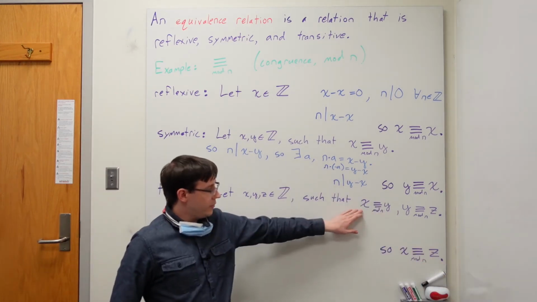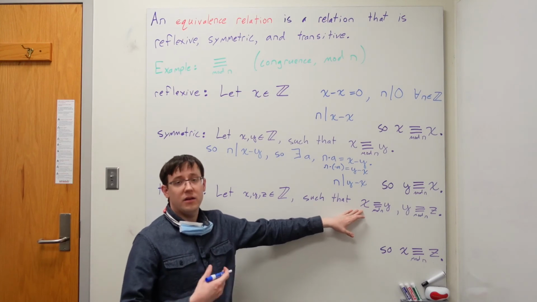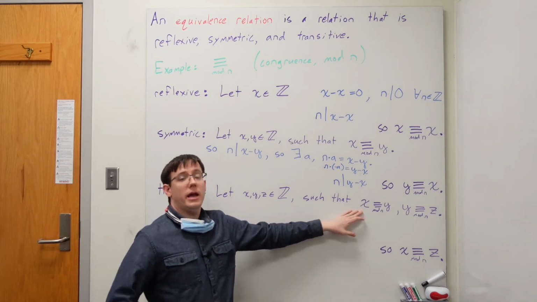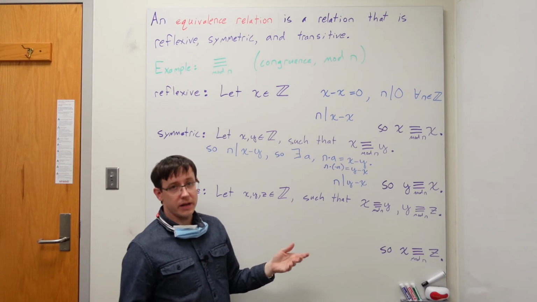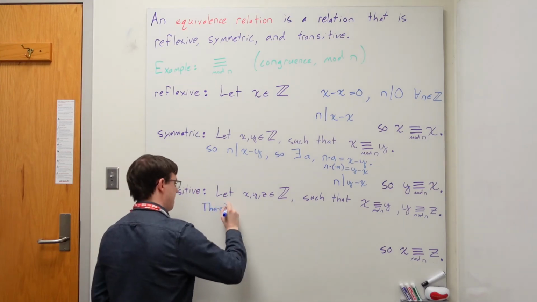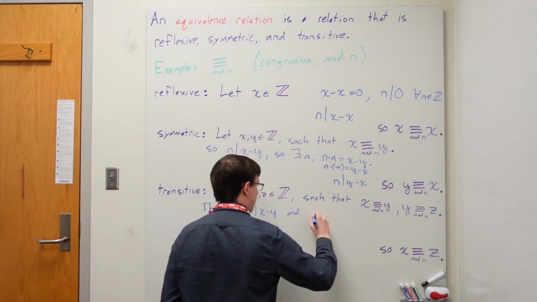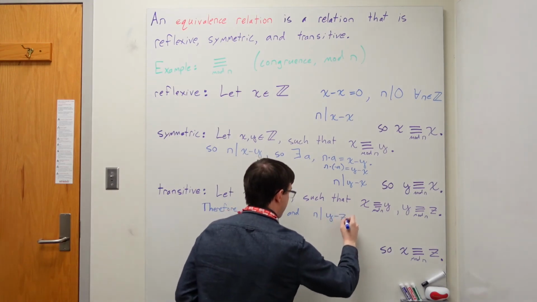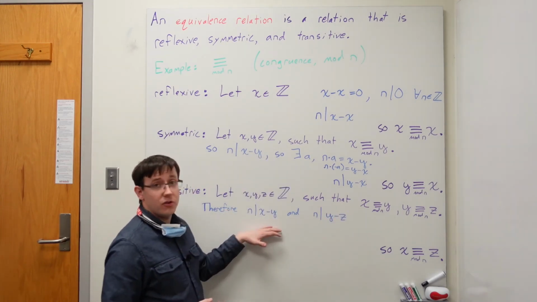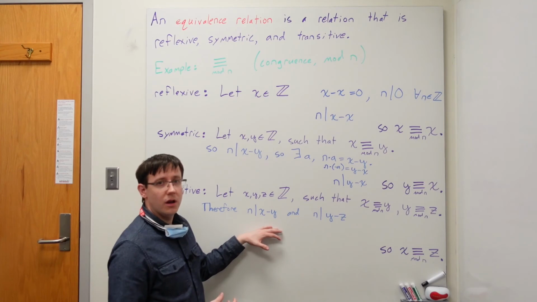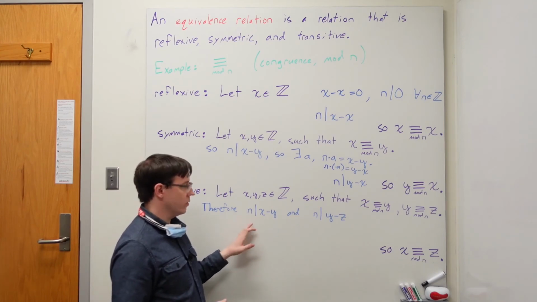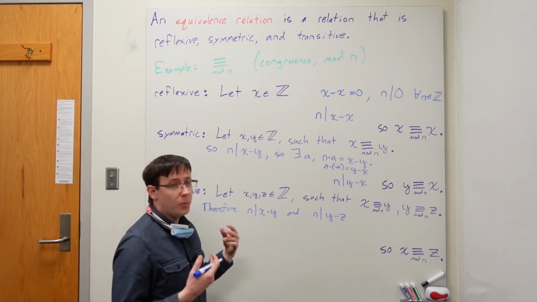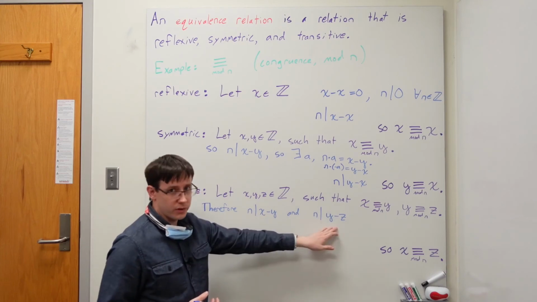When we unravel definitions, we get that n divides x minus y, and it also divides y minus z. And when we unravel these definitions of the divides relation, we have that there are integers a and b that we can multiply by n to get these two differences.